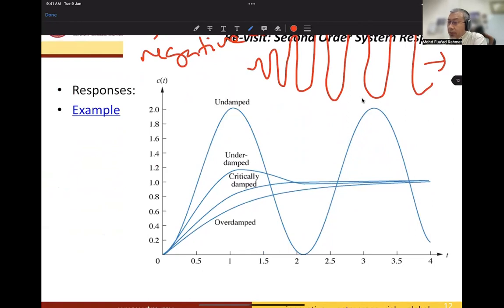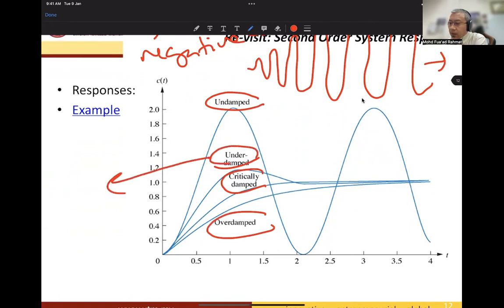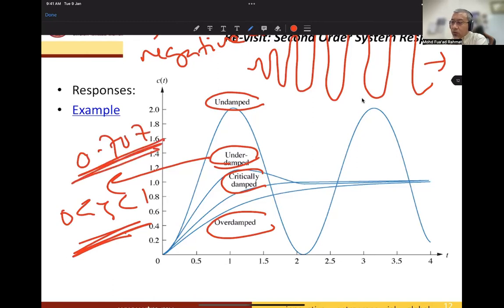So this is the 4-in-1 graph showing the behavior and difference between undamped, underdamped, critically damped, and overdamped. For a control system, the best zeta is between 0 and 1. The best one is 0.707 in order to design a control system or mechatronic system.